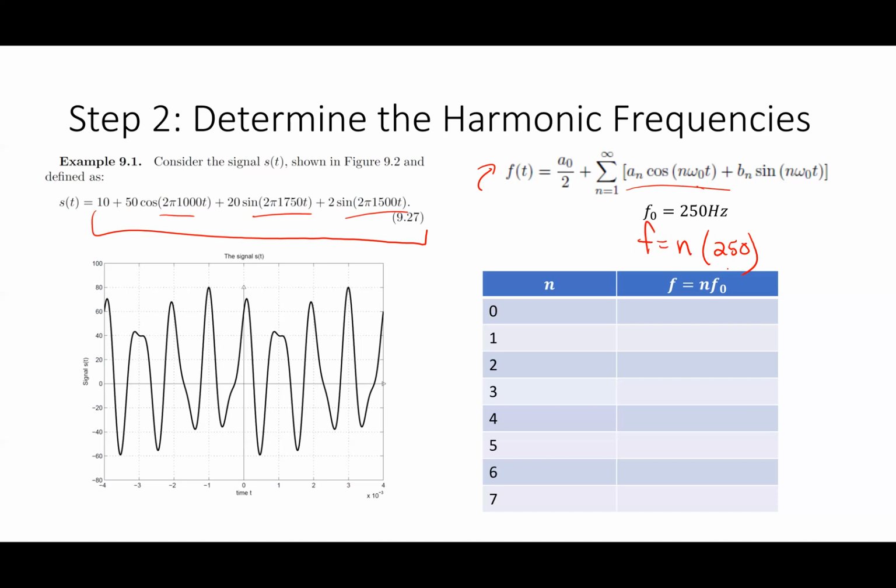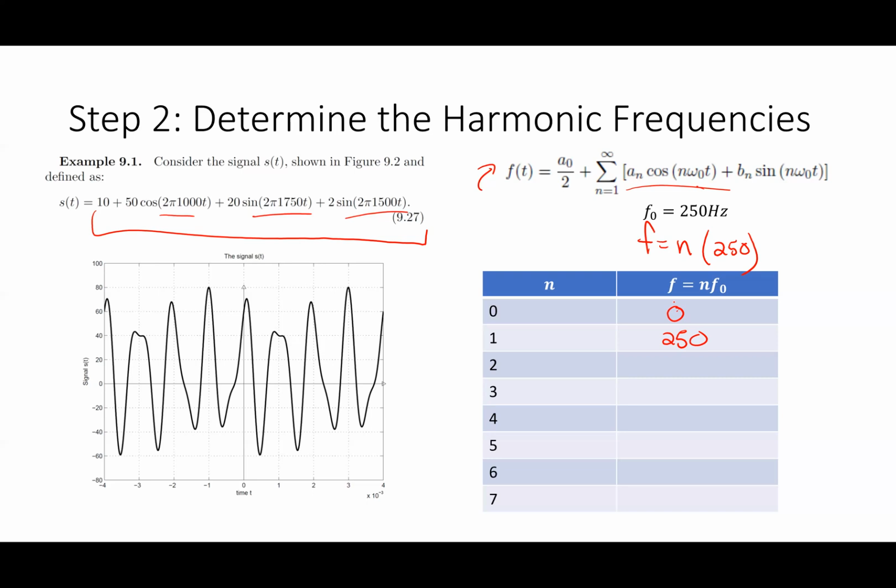The fundamental is 250 for n equal 1. What do I call the n equals 0 term? DC term. And its frequency is 0. Right? 0 times 250 is 0.